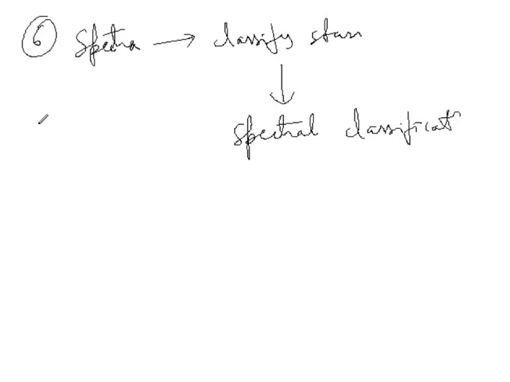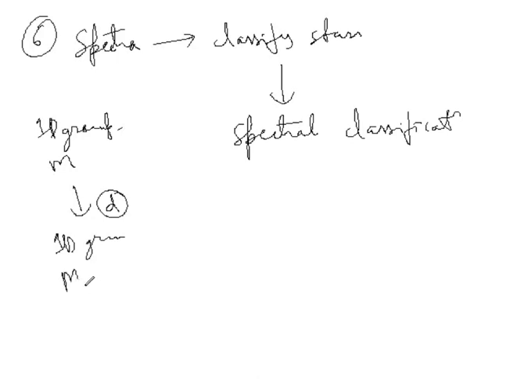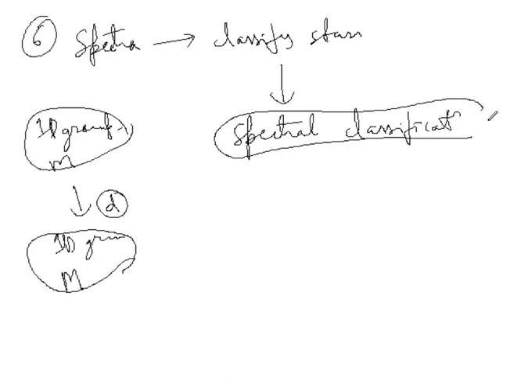Previously we were talking about 1D grouping in terms of the apparent magnitude. Next one was again 1D grouping, a little bit better. After knowing the information about the distance, we can do absolute magnitude grouping. So we already talked about these two groupings. Now this is a different grouping: spectral classification.